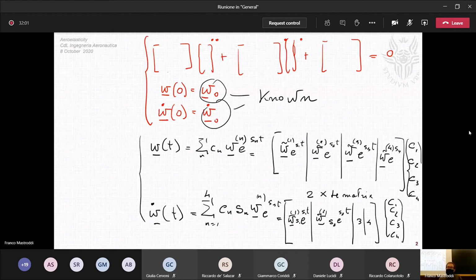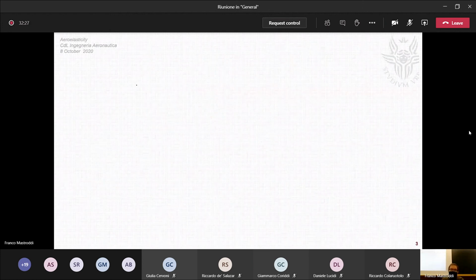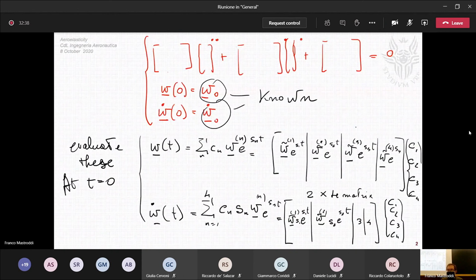Next, please, evaluate this equation at t equals 0. At t equals 0, you have that W at 0, and you know this vector very well, is equal to, note that this exponential is equal to 1 at time equal to 0, okay?